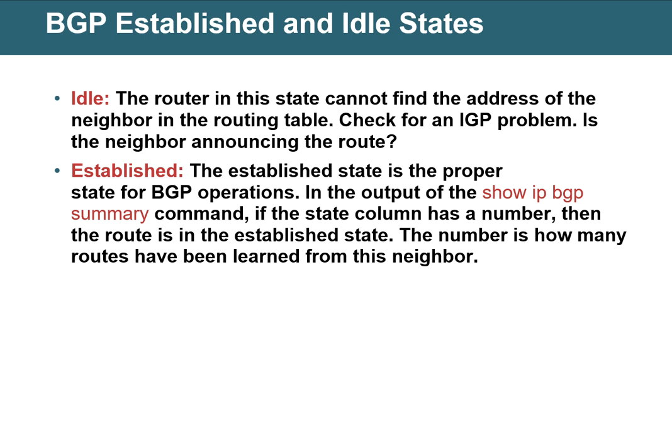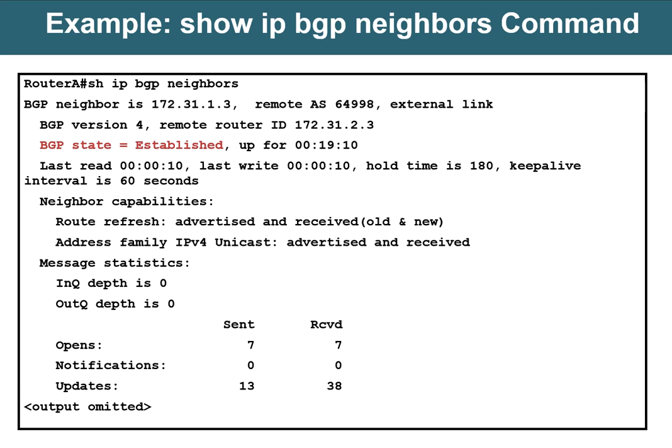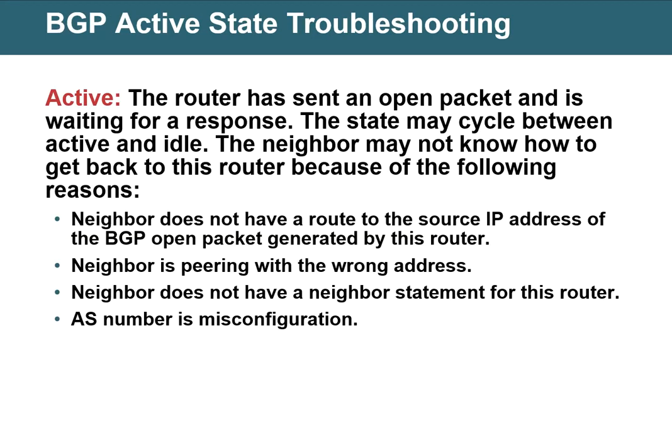To check whether it is established or not, I told you two commands, show IP BGP summary and show IP BGP neighbor. This is the neighbor command, which we just saw. And if it is stuck in active or idle for a long time, when I type show IP BGP summary, I'm seeing idle for a long time. Actually, it will also go to active.